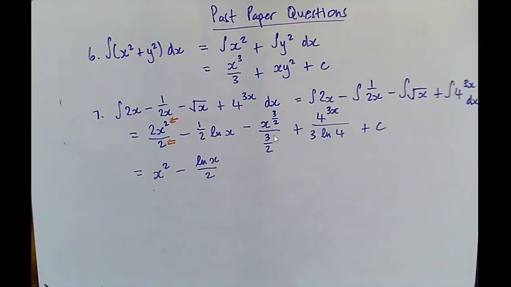And then the next one, don't forget, we have 3 over 2, x to the minus 1. Notice that's in the denominator. Now when we have integrals, a number over number, then this will become 2 over 3. So minus 2 over 3, x to the 3 over 2 as the exponents. And there we have it. That's our final answer there.